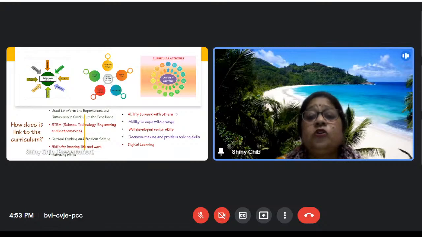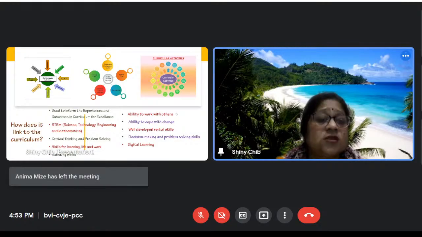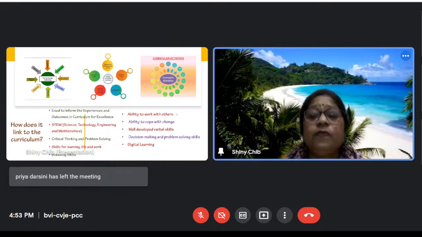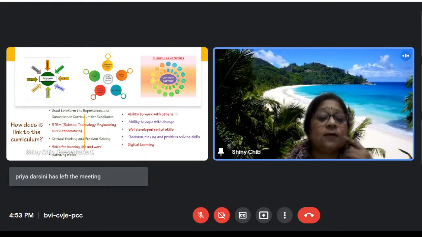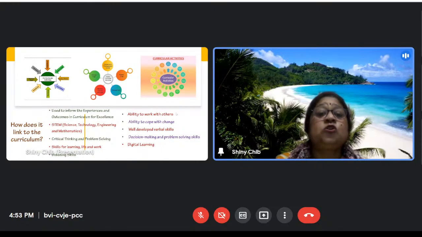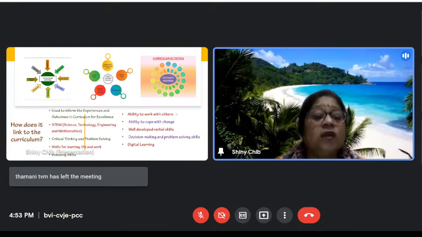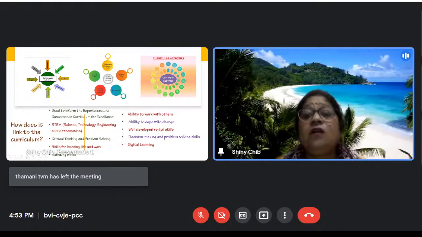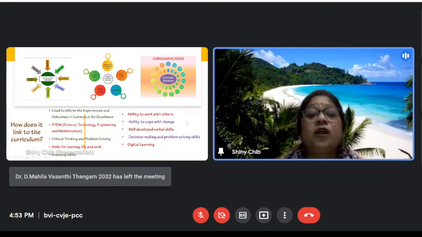How good a human being they are, whether they are able to work in a team, all these things they are going to test. So when you are making this curriculum, when you are planning your subject, your course, you need to include all these 3 aspects. Then only it will have a link to their knowledge level, and then only you will be able to enhance it.